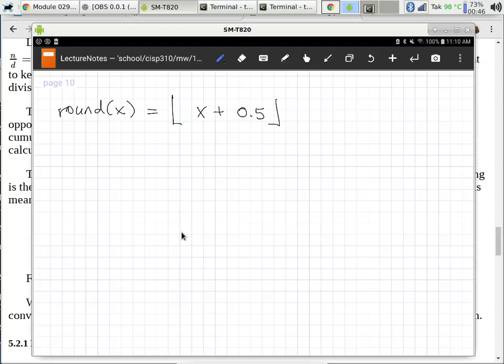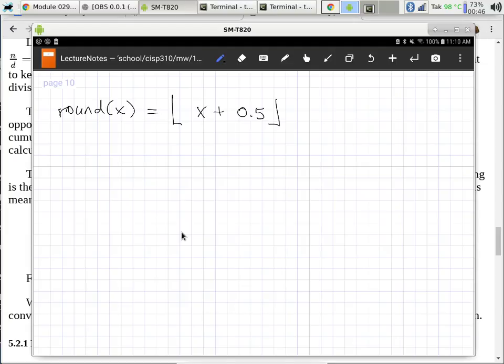Let's try 1.1 first. X is 1.1. 1.1 plus 0.5 is 1.6. And the floor of 1.6, which is basically the largest integer that is less than or equal to that number, is 1. Cool, that works. What about 1.5, the tricky one? 1.5 plus 0.5 is 2.